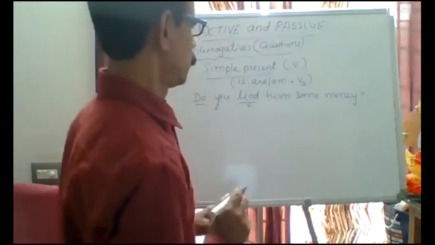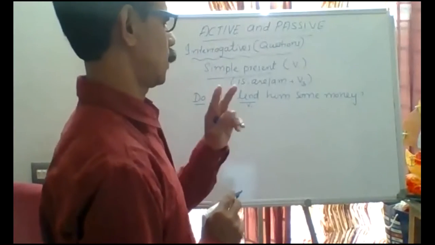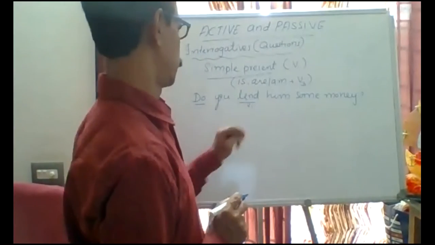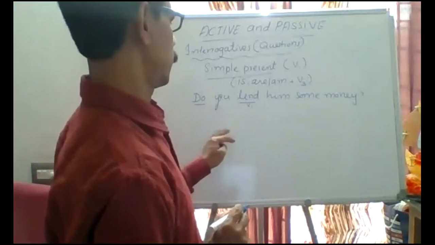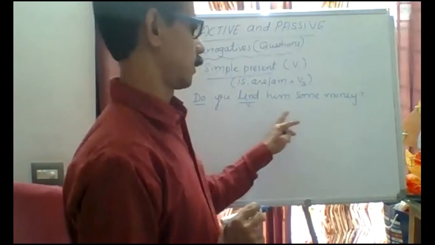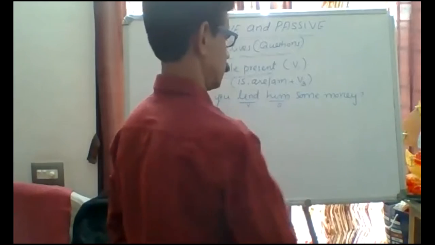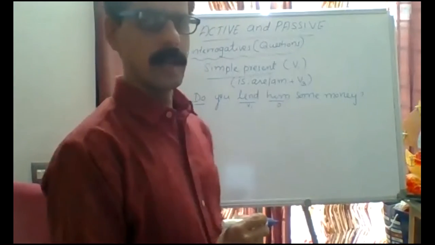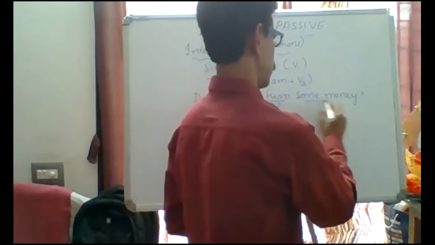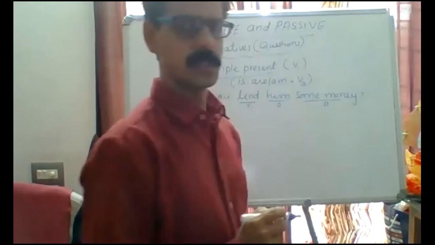So here, what is the object? There are two objects. One is him: to whom do you lend? Him is the answer. And what do you lend him? Some money. Some money is the object.